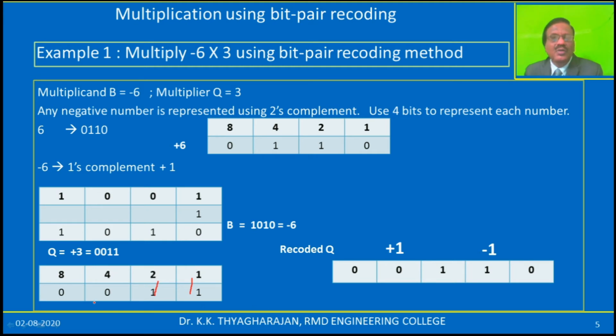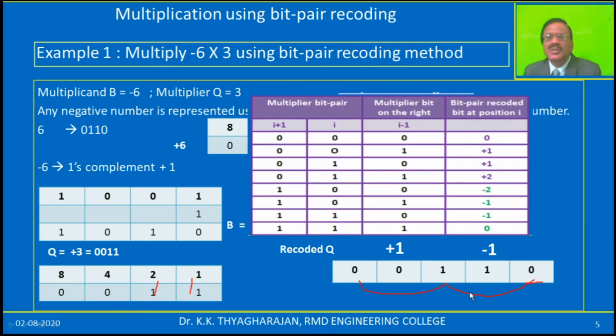Now, to recode this multiplier, you have to add one more extra bit on the right side. Now you have to combine these 3 bits and recode it. Then combine these 3 bits and recode it. To recode, you need the table.